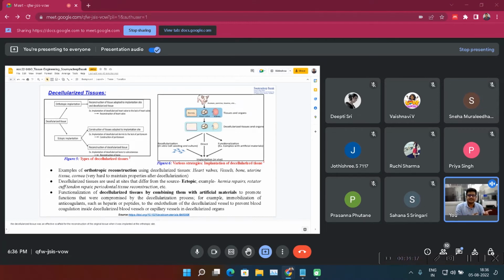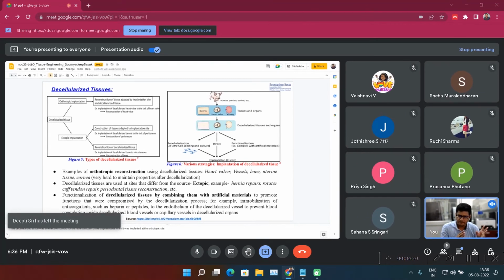There are advantages associated with orthotopic implantation because we are using the same site or same ECM component. The cellular interaction is better in orthotopic implantation because the mechanical or chemical information held by the ECM is the same, since it is harvested from the same site.